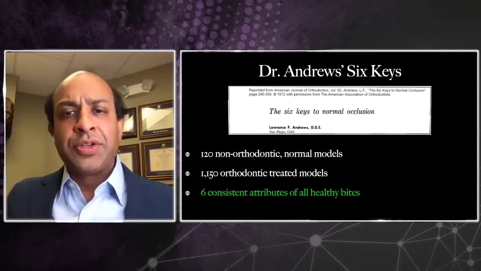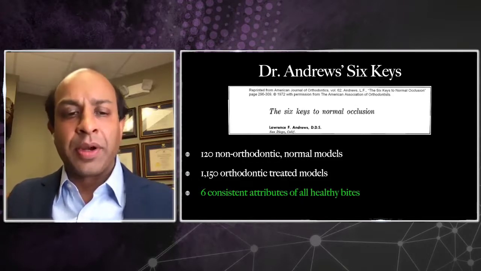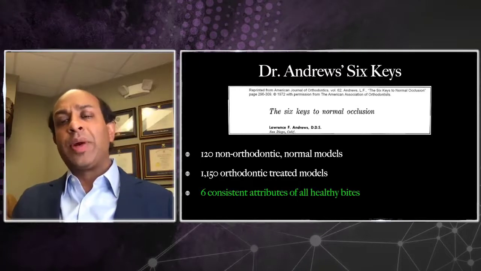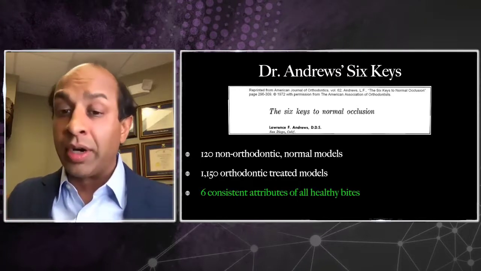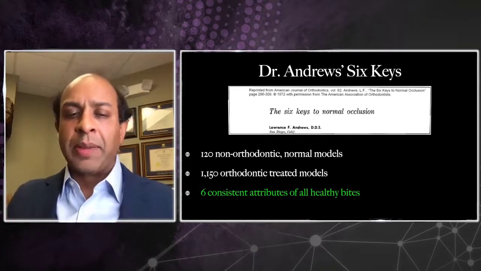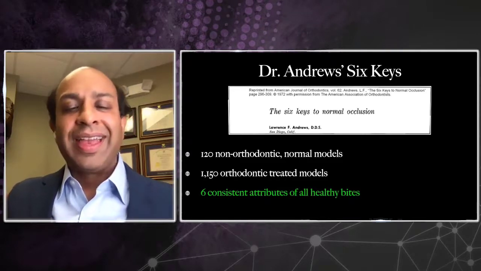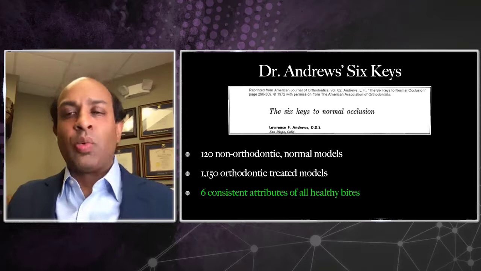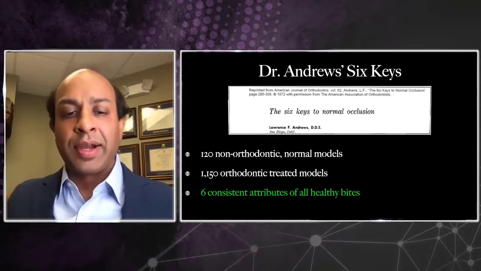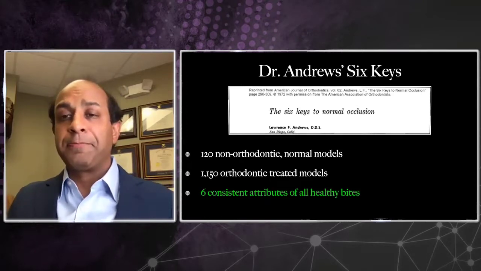So what Dr. Andrews did in the 6 Keys article was look at 120 non-orthodontic normal models, or our control group. I apologize, normal models. And he then looked at 1,150 orthodontic treated models.